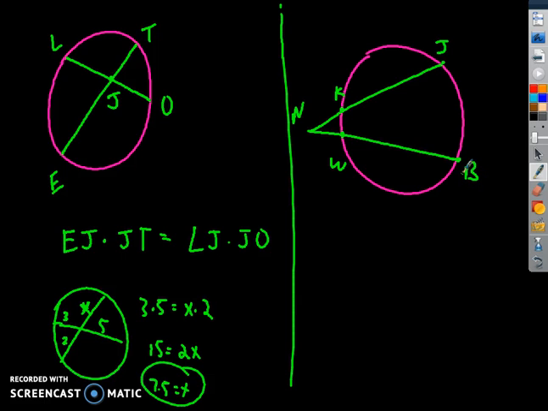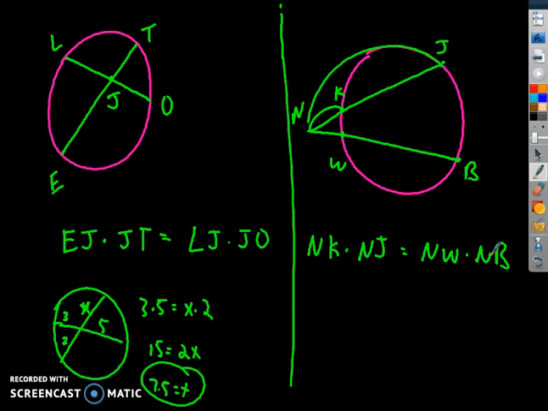The theorem says that if I have 2 secants that intersect outside the circle, then NK times the entire segment NJ is equal to NW, its small piece, times the entire piece NB.